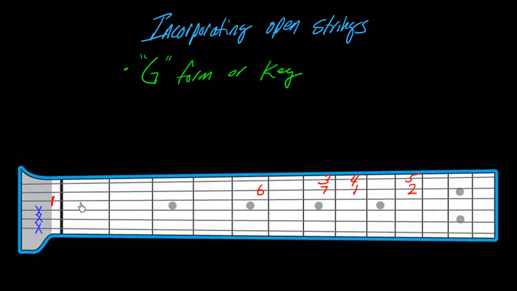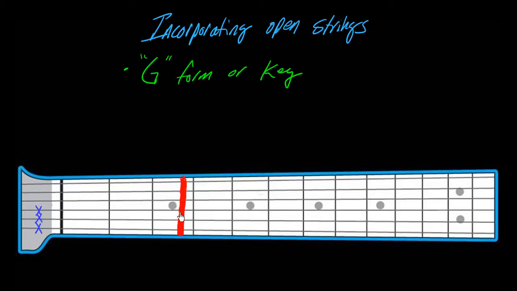The other thing too is, remember, this is G form in the key of G because this is open. If you were to capo somewhere, then you can still use this G form in a different key and utilize this same thing. Let me give you one example of that. So let's say we were playing in the key of B flat, which might seem like a difficult key, but really when you look at it as a guitar player, as long as you use the capo and your knowledge of music theory, this is really easy.